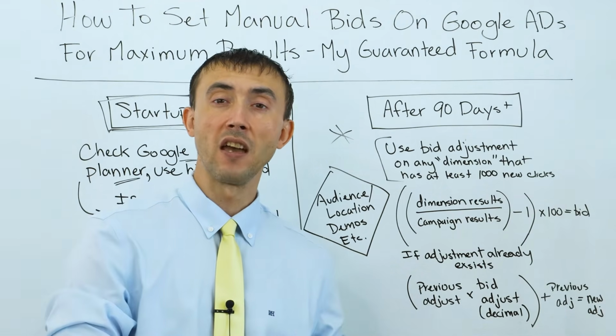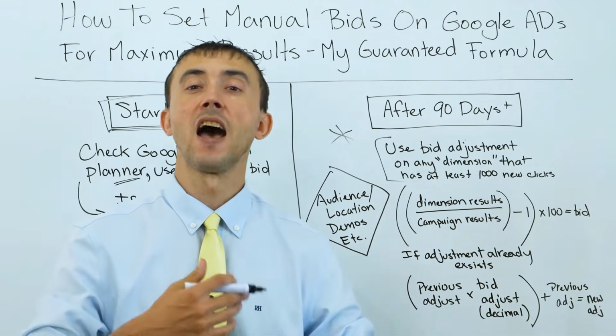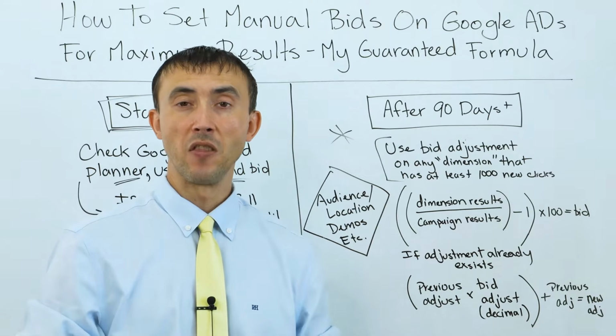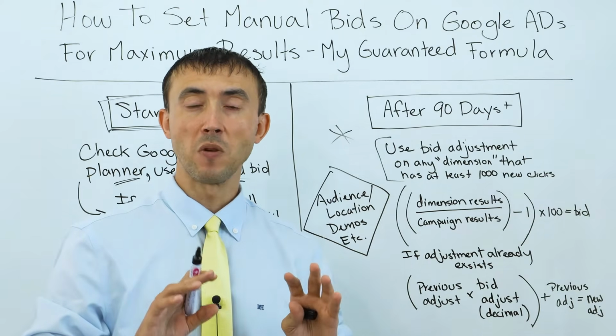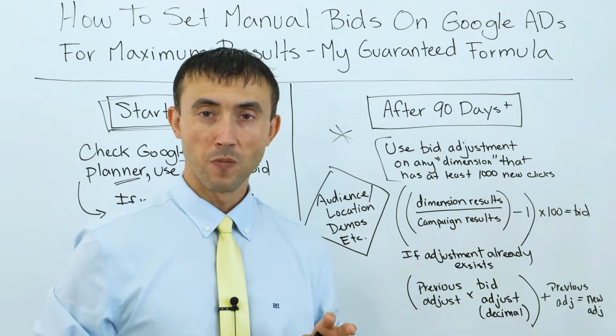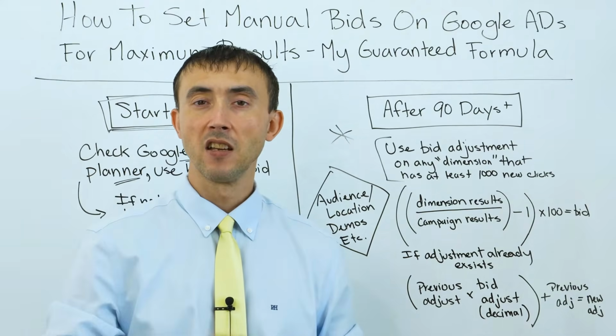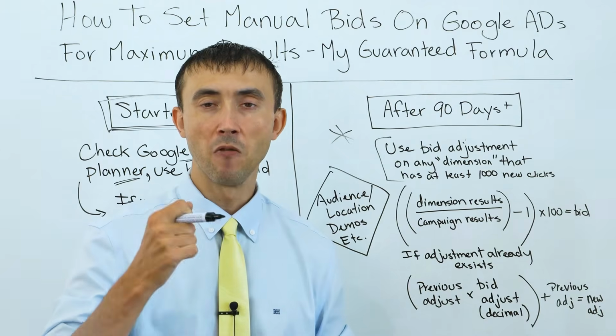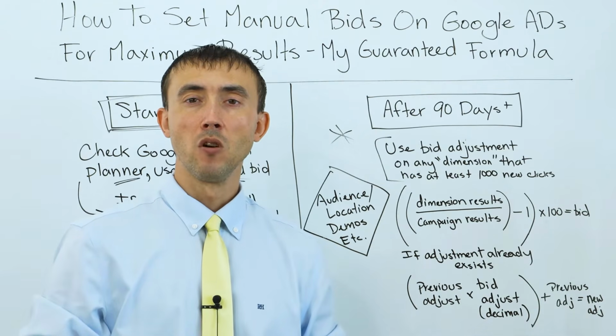So we're still doing it on dimensions that have lesser volume, but then we would add a bid adjustment. And the way that you do the bid adjustment is not just pulling it straight out of your ass. It's mathematically calculating the perfect amount of bid adjustment to get you more out of that account.